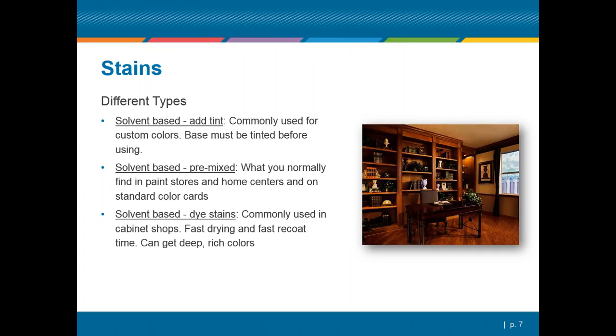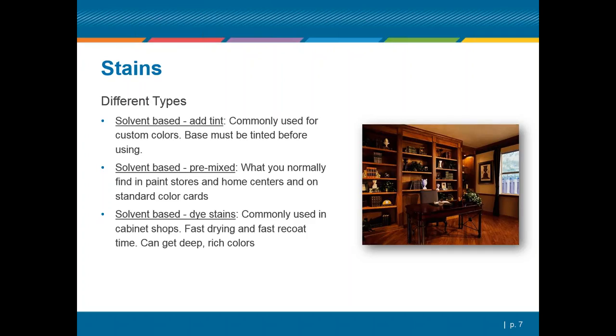With the premixed products, those are the ones you will normally see right on the shelf, whether that be golden oak or antique maple or whatever it happens to be. There are multiple different premixed package materials that can get you a very, very good finish also. And then finally, we have dye stains. Commonly used in cabinet shops, because normally these are intermix systems to get to the color that you want.